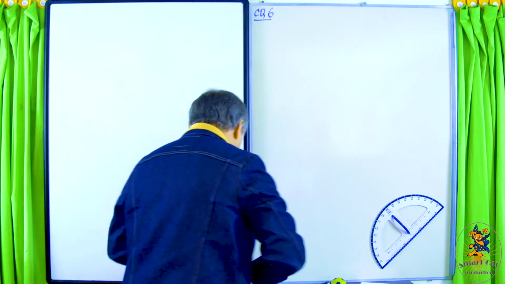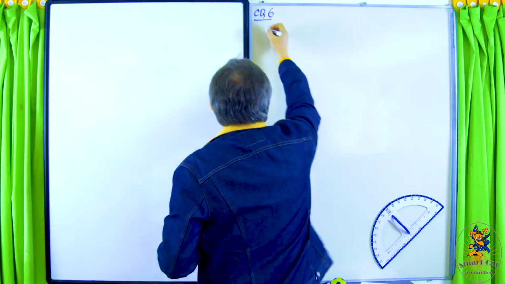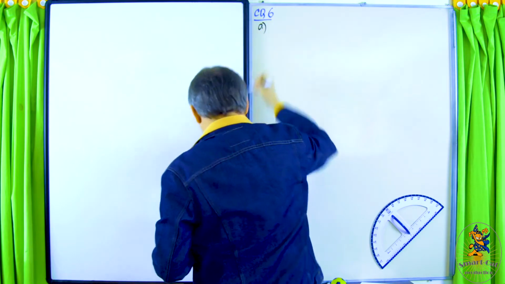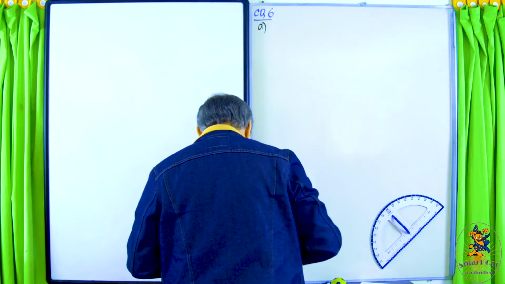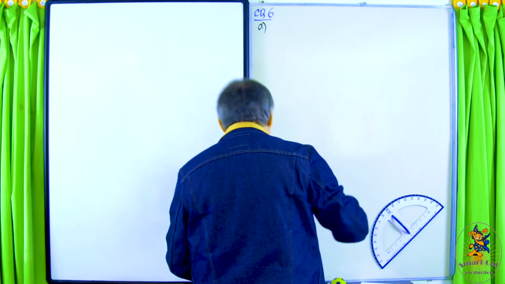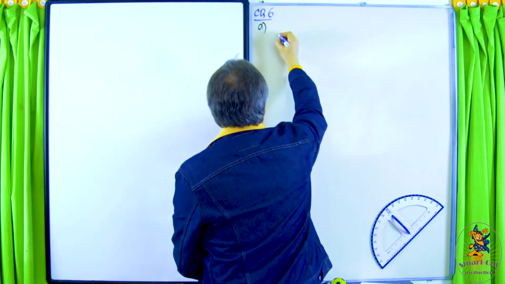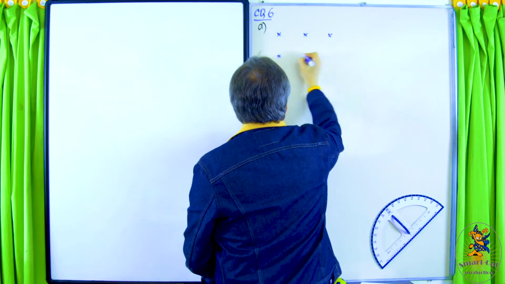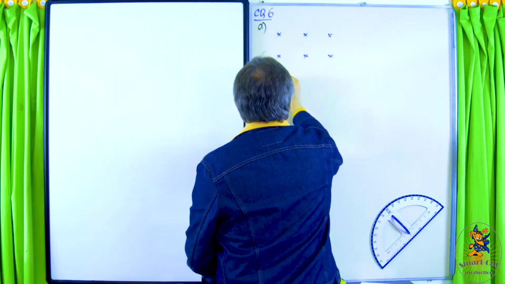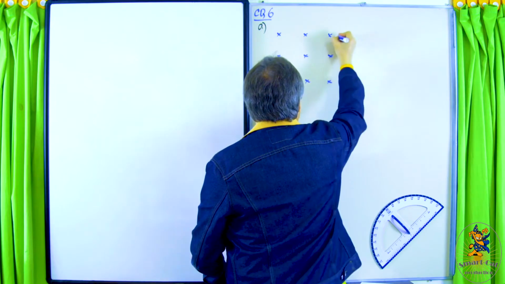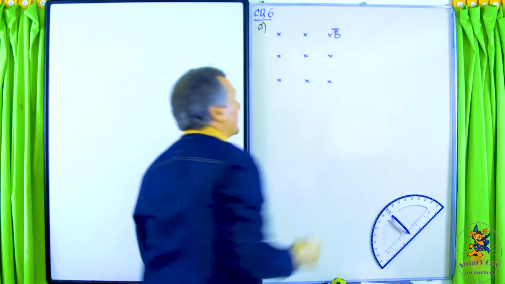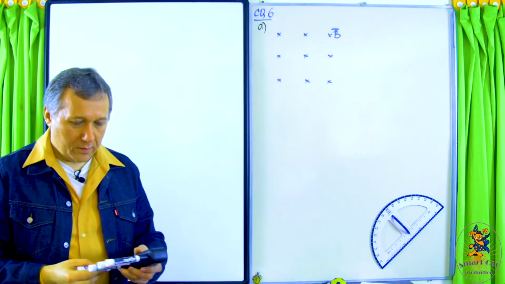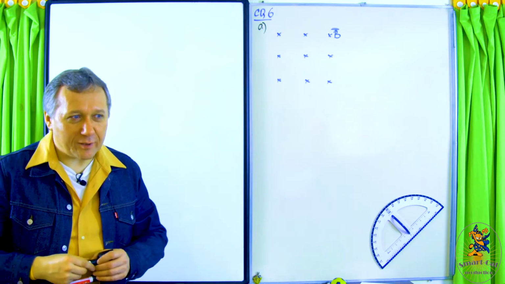So what do we have here? Let's start with part A. We have magnetic field into the board. It's a bunch of crosses. Cross, cross, cross. So that's B. And of course, we want to discuss cyclotron motion.